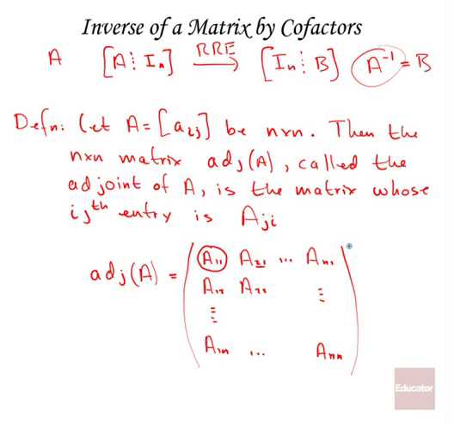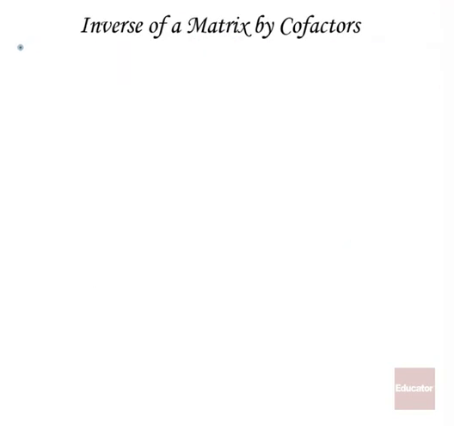Now I'll give you an actual procedure, the method for doing this properly so that you'll always end up getting it right. The best method for forming the adjoint of A is very simple.